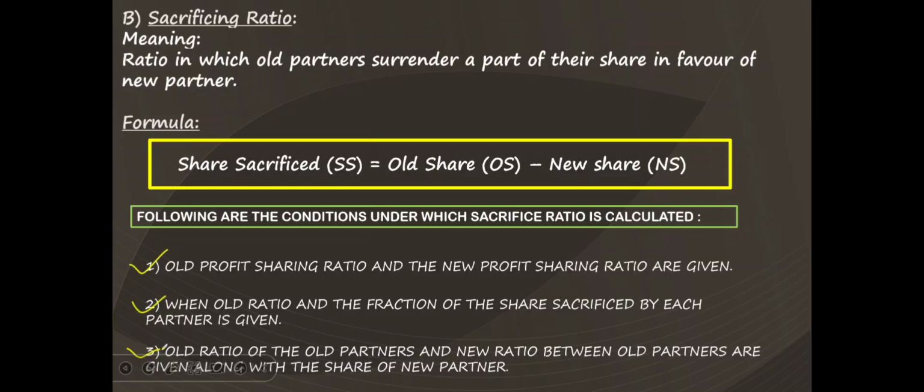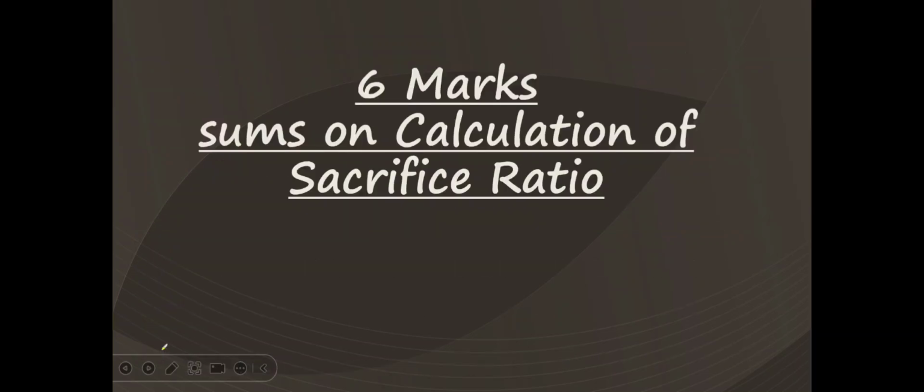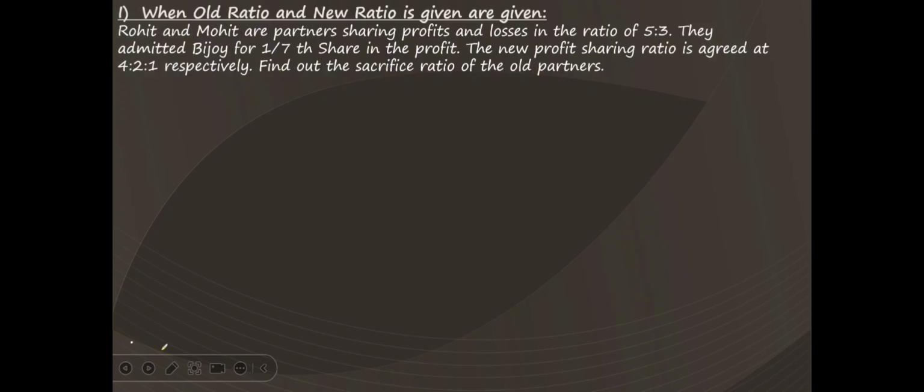Now let's first start with the first condition, when the old profit sharing ratio and the new profit sharing ratio are given. These sums come for 6 marks, which is a very important topic under admission of a partner. The sum is given here.